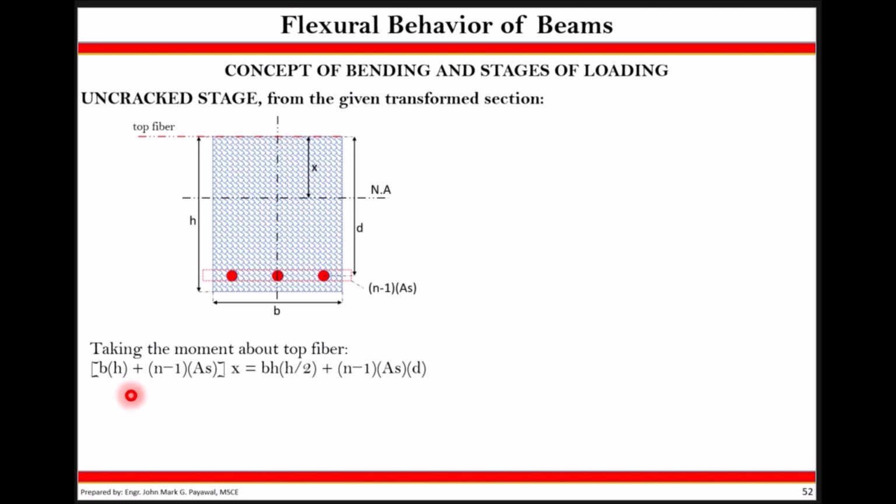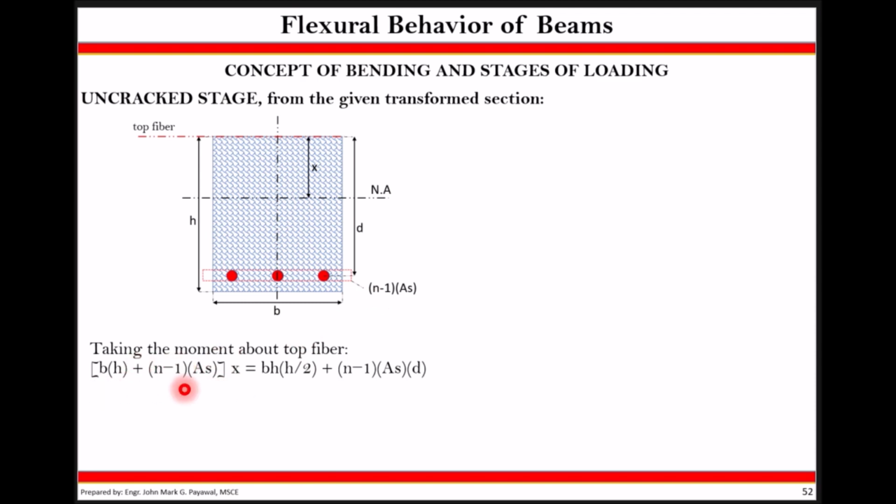So how did we arrive at this equation? If you can see, this is the transformed section of my concrete. This has an area equal to BH, which is the concrete area, and N minus 1 multiplied by AS, which is the transformed area of my steel. When I combine the two, that would be my total area.